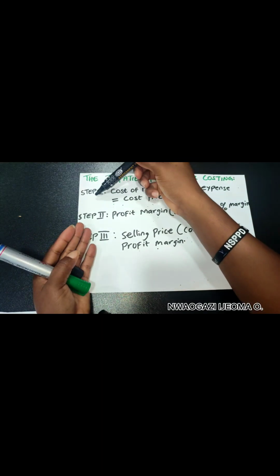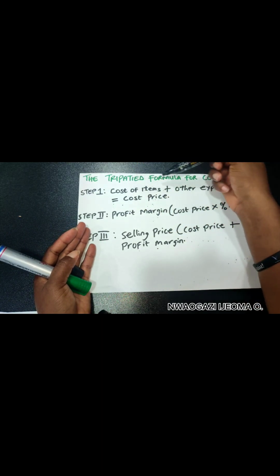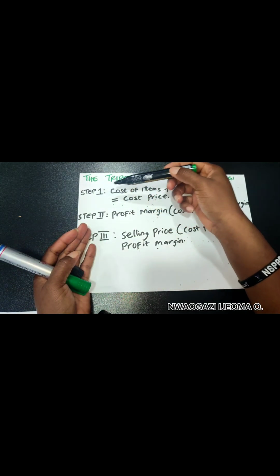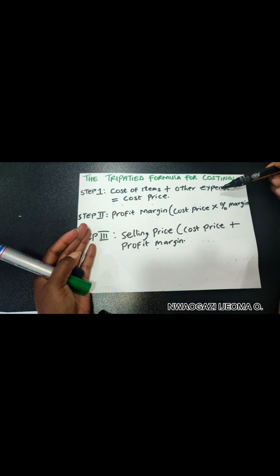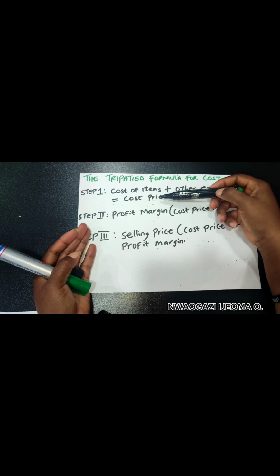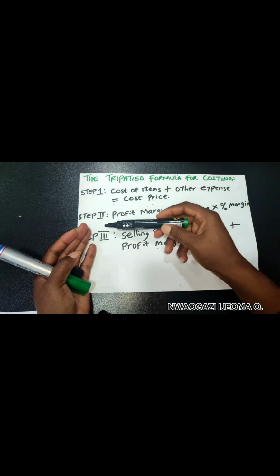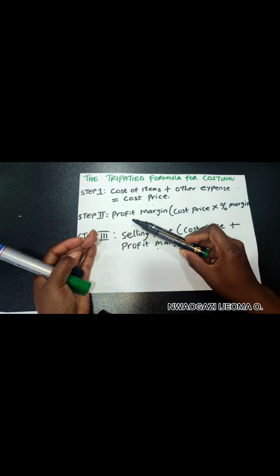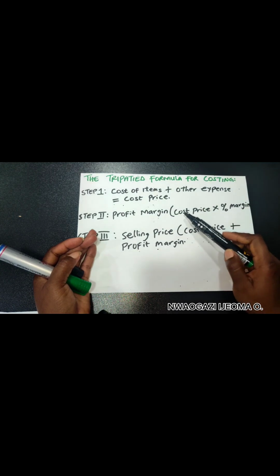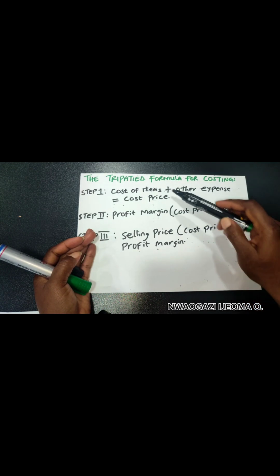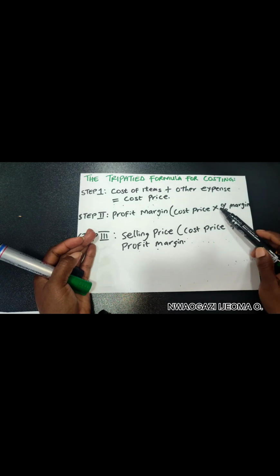We have 3 steps, which I call the tripartite formula. The first step is you find the cost of the items plus other expenses. This will give you the cost price. The second step is you find the profit margin, and to find it, you take the cost price, which is what you got here, multiplied by the percentage margin.